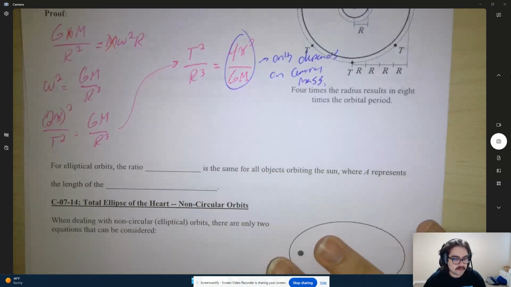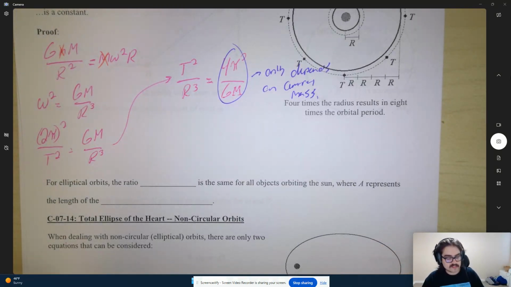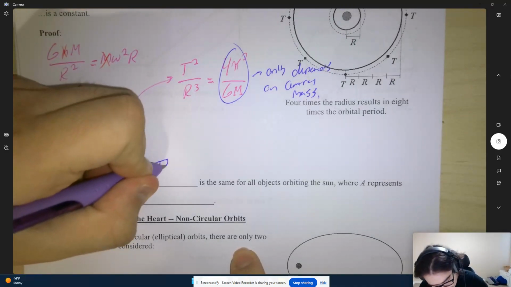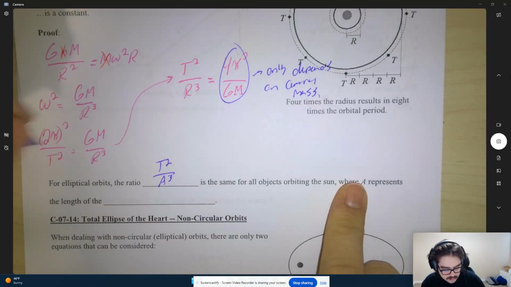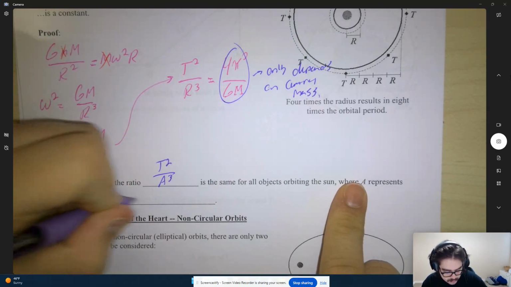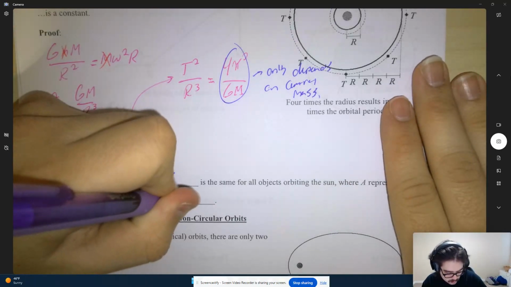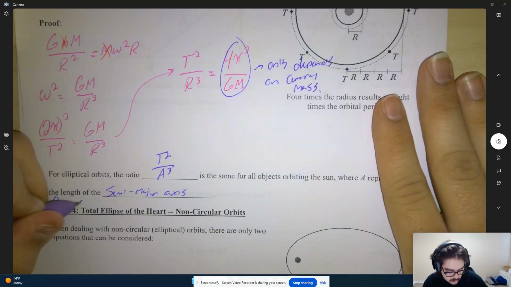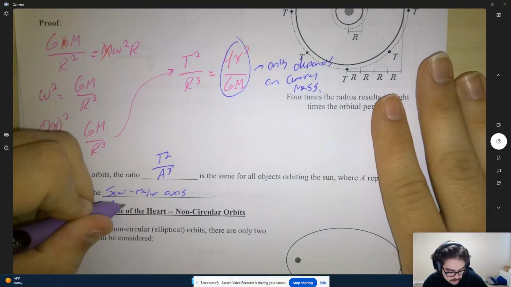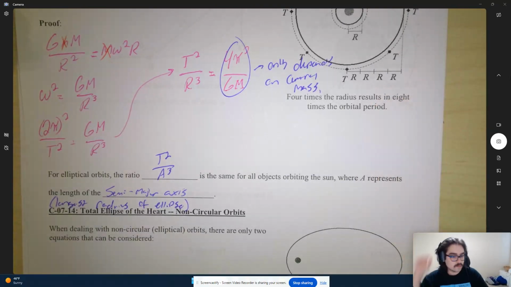That ratio doesn't apply to elliptical orbits, but for elliptical orbits instead, you can use the ratio T squared over a cubed. a represents the length of the semi-major axis, and the semi-major axis is the longest radius of the ellipse.